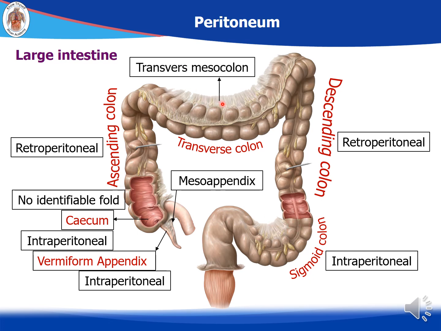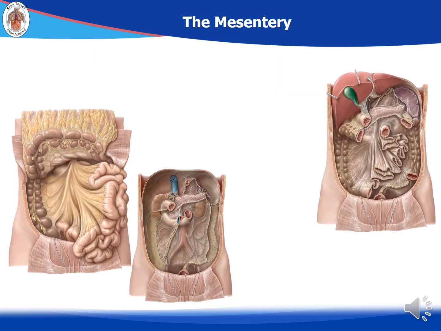You can see this is the mesentery of the transverse colon, known as the transverse mesocolon, and this is the mesentery of the sigmoid colon, known as the sigmoid mesocolon. This sigmoid colon continues as the rectum and anal canal. This becomes a pelvic structure, which will be discussed separately.